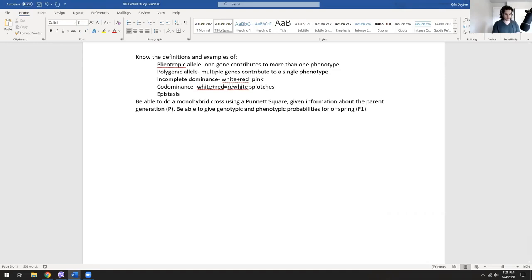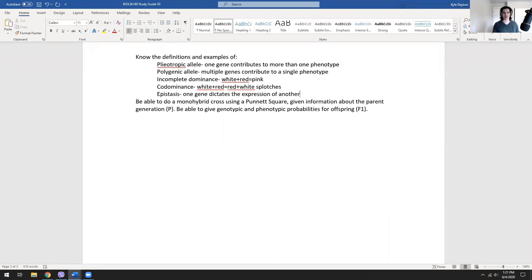So they're going to be equally expressed. And then epistasis, this is where one gene dictates the expression of another.